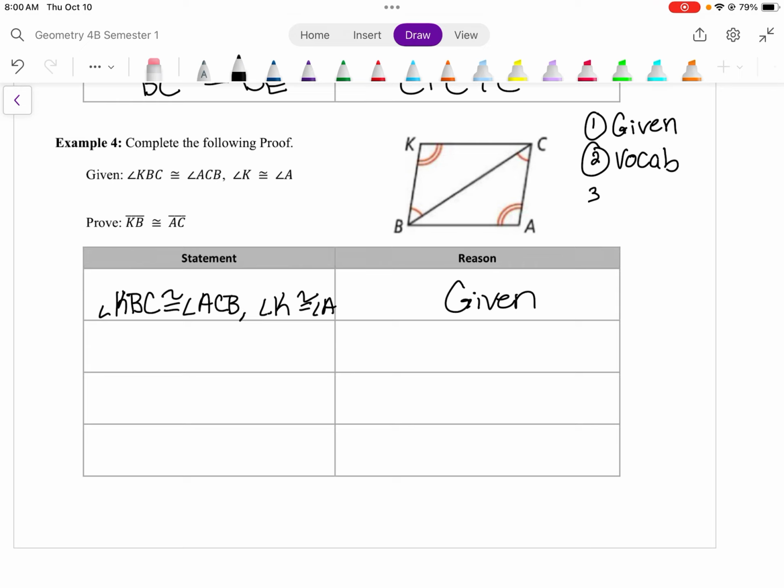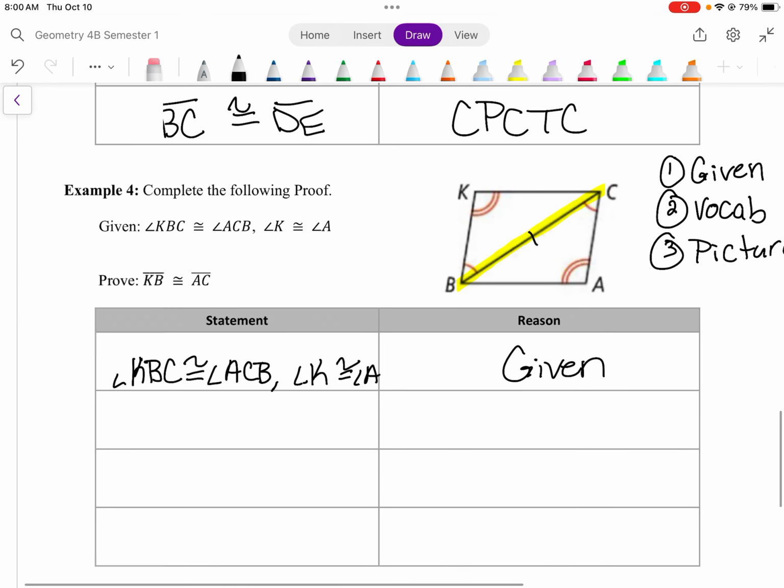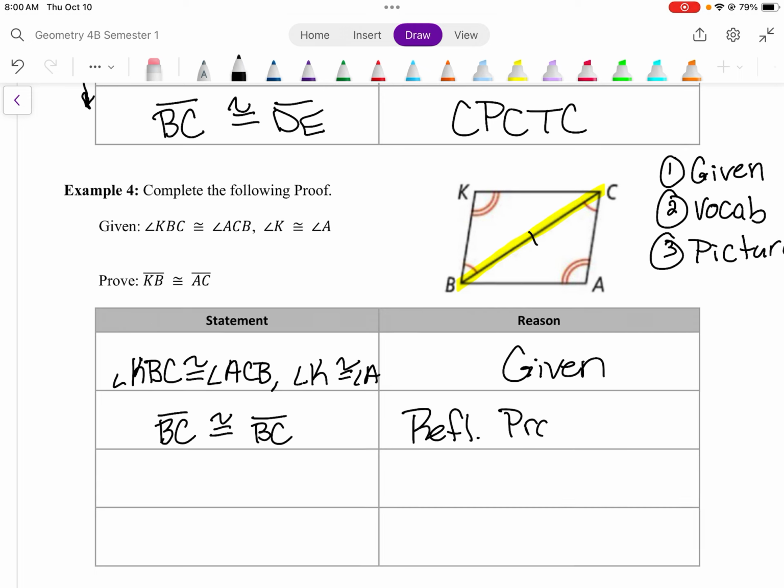There's none in this picture, so step 3, we're going to look at our picture. So they did not give us any parallel lines. There are no vertical angles, but both of these triangles do use this one side. So I'm going to go ahead and say that BC is congruent to BC, and that is using our reflexive property.